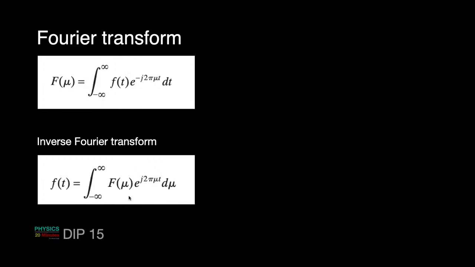Now remember, what we are talking about is in terms of time. When it comes to image analysis, images are not a function of time. They are a function of position. So when you apply the Fourier transform to image analysis, or DIP, time is replaced by position. And frequency has the dimensions of 1 upon time.